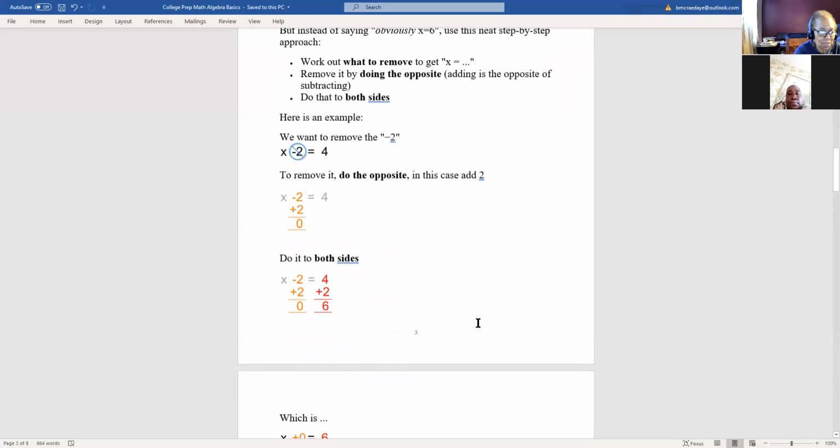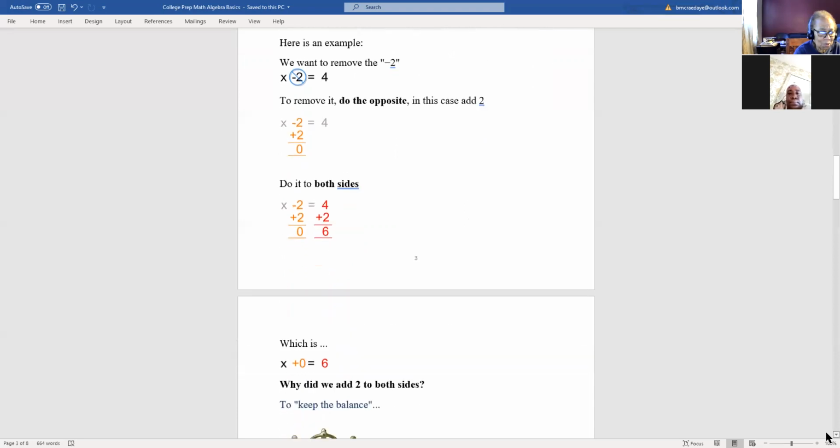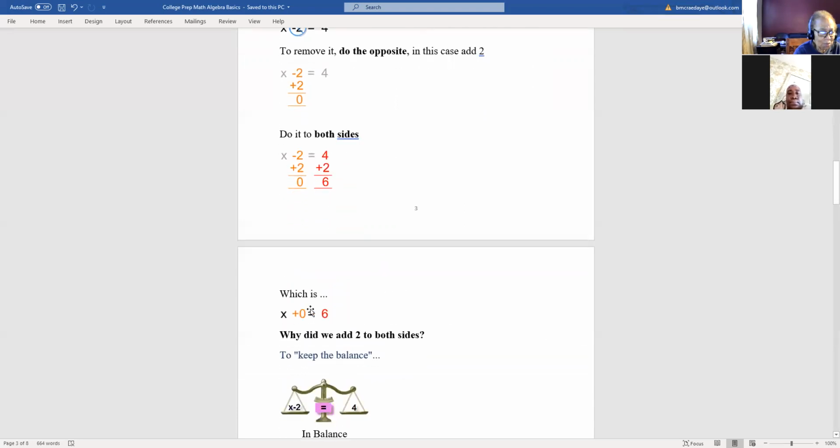Now, a student asked me today, what do you mean when you say do on both sides? And I realized that some students don't know equalities, that between the equal sign, you have an expression and another expression, and you call that the sides, side on the left, side on the right.